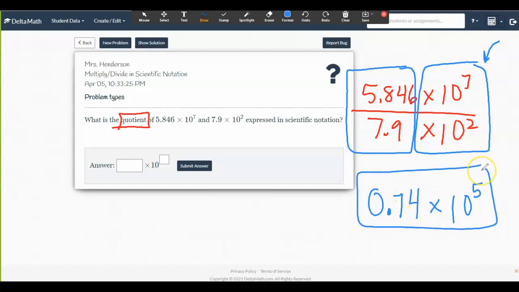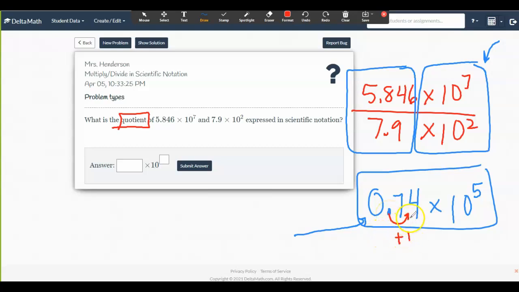Now here's where it gets really tricky. This is the correct answer, but technically, the coefficient is not in scientific notation, and that's because the coefficient is less than 1. Your coefficient has to be between 1 and 10. So in order for this number to be between 1 and 10, I need that decimal point to move one place to the right.